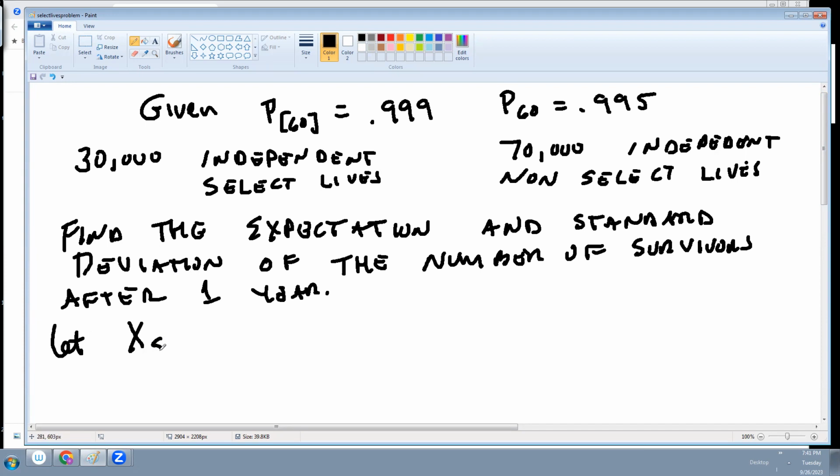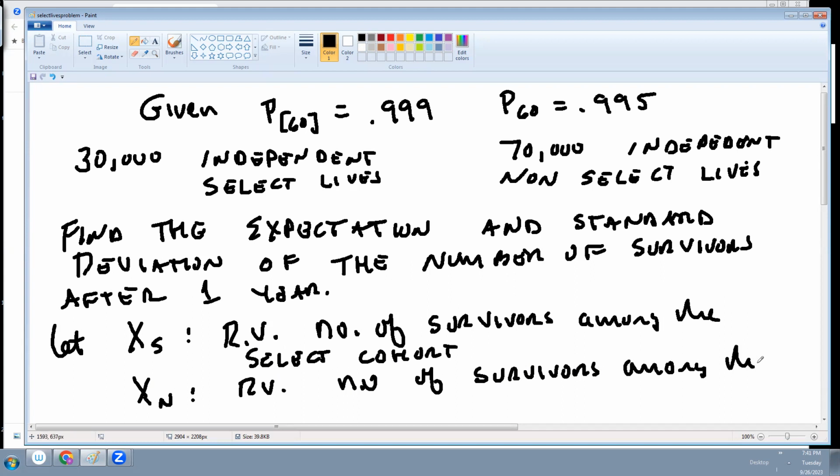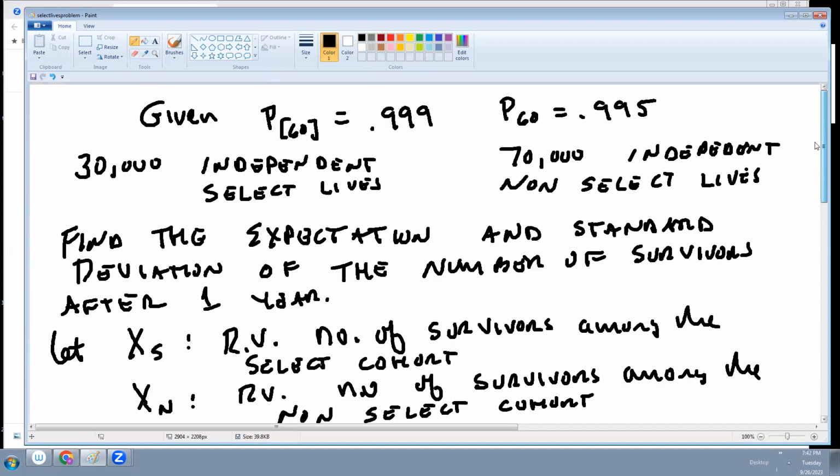Let's call this X sub S, for select, the random variable for the number of survivors among the select cohort after 1 year, and let X sub N be the random variable for the number of survivors among the non-select cohort. Now, a common assumption that we make is that each of these random variables is binomial.